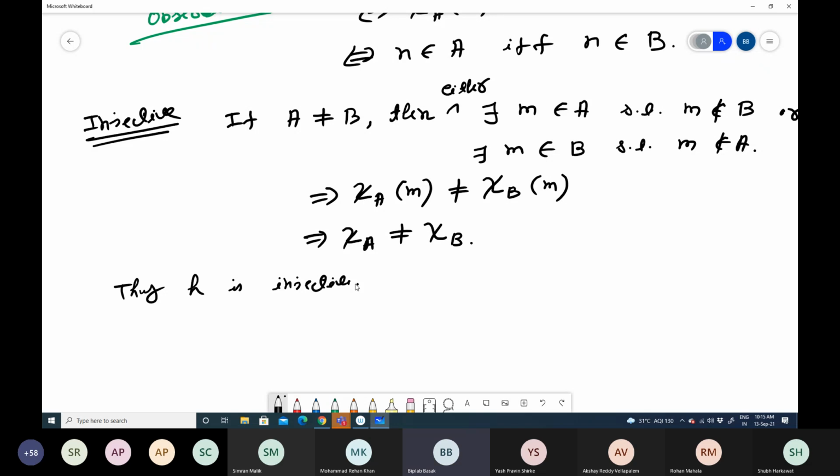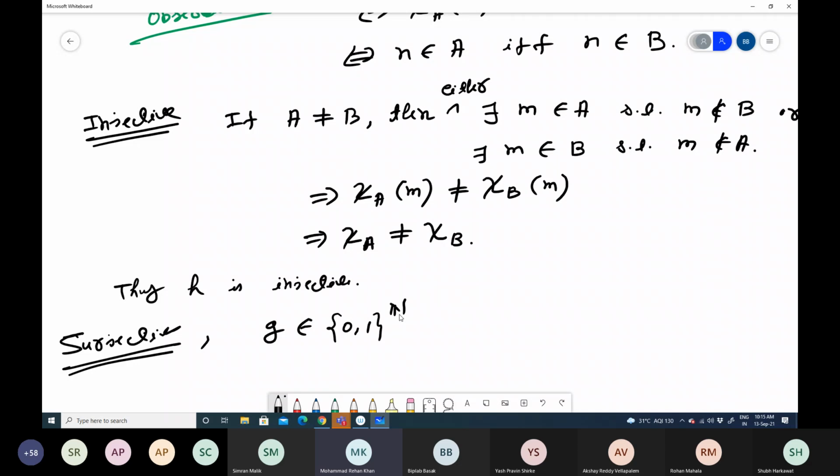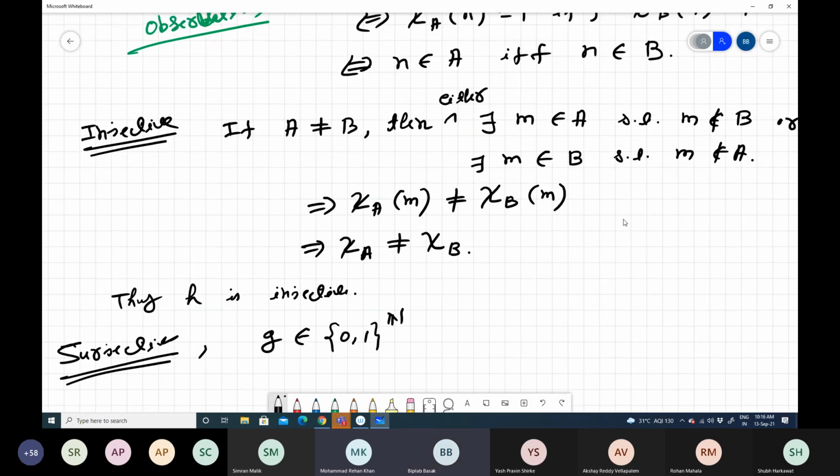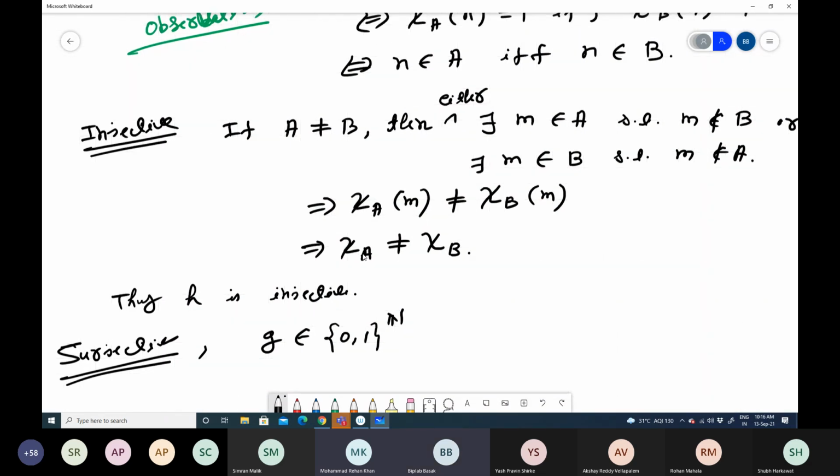Now how to prove the surjective? Now surjective. So now let g belong to this, say {0, 1}. What was the chi_A function defined earlier? Chi_A gives 1 when the value is in A, and otherwise it gives value 0.